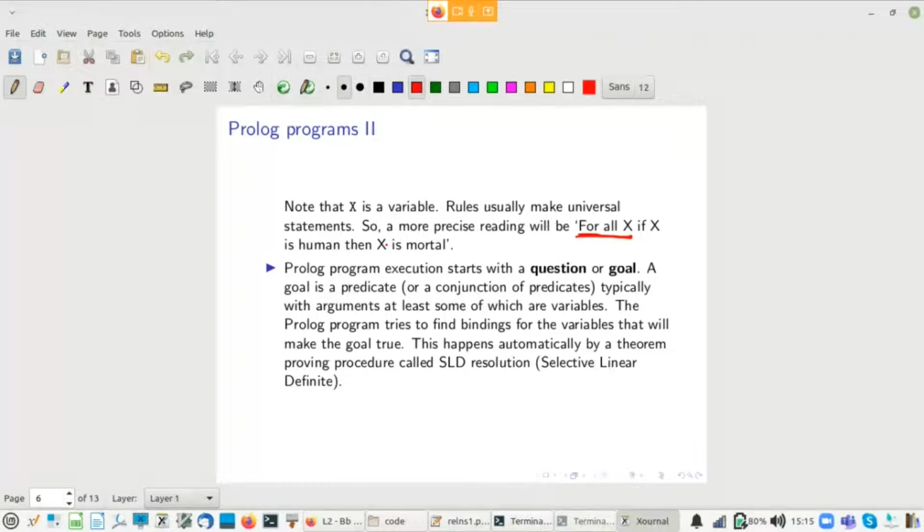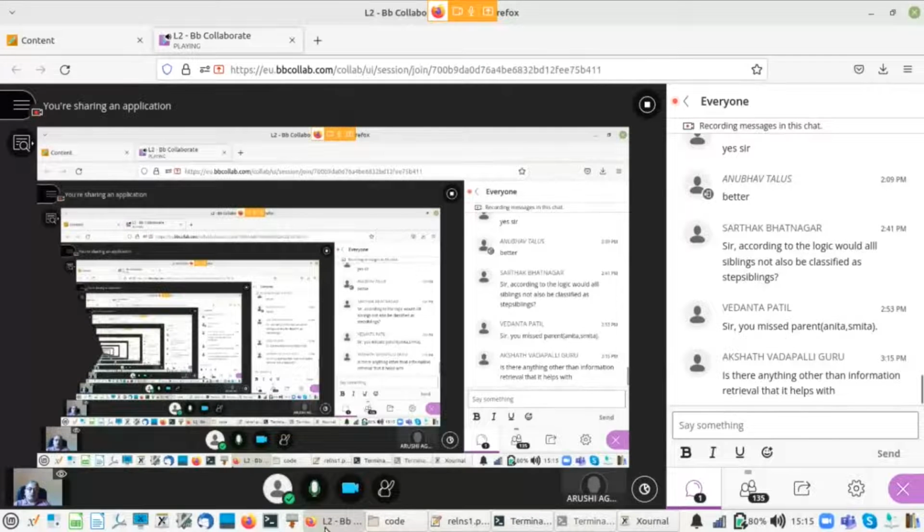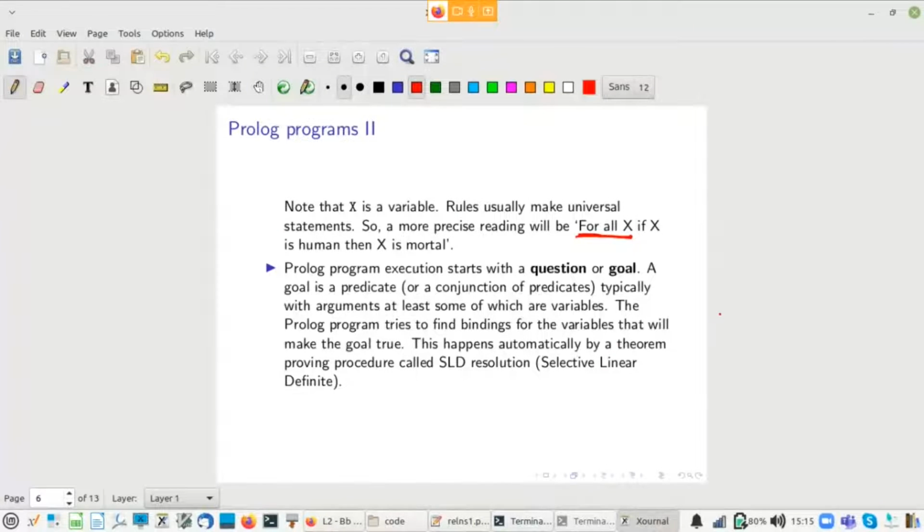It requires a fair amount of creativity to model it. Information retrieval is the obvious thing, but yes, you can do more. We said it is Turing complete, so you can do any calculation in Prolog, right? It may not be as easy to do.